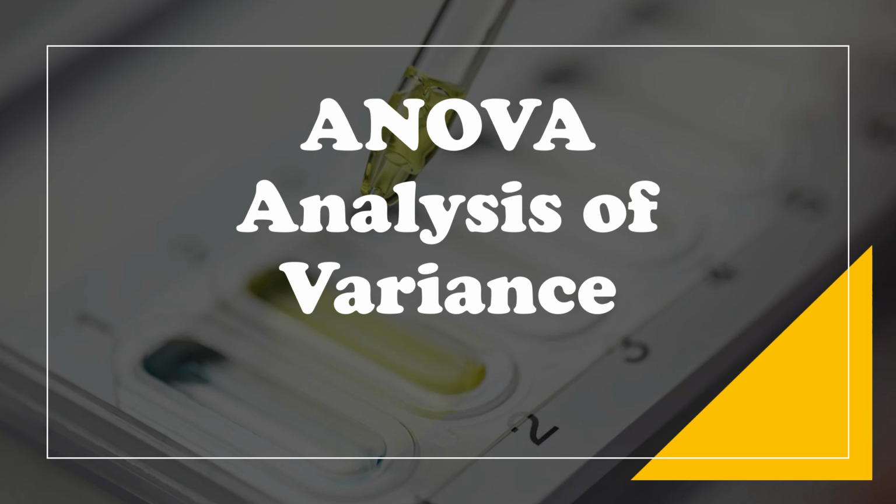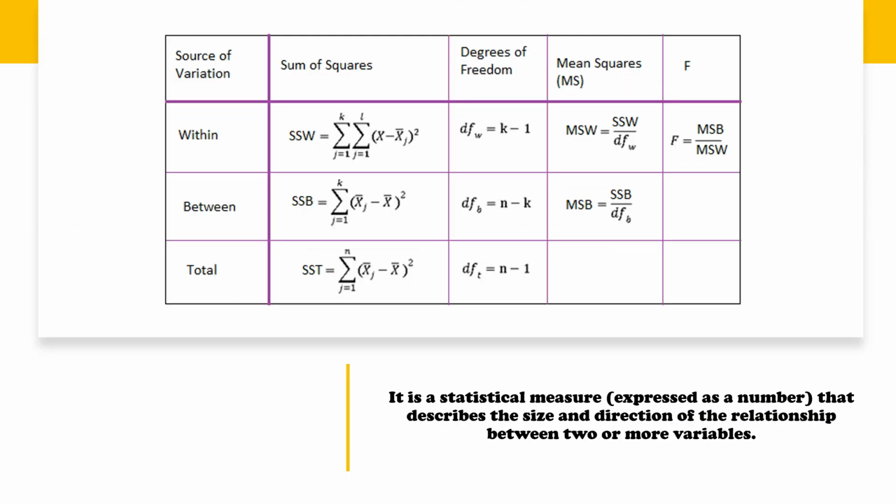Let's talk about analysis of variance. Analysis of variance is a statistical measure expressed as a number that describes the size and direction of the relationship between two or more variables.